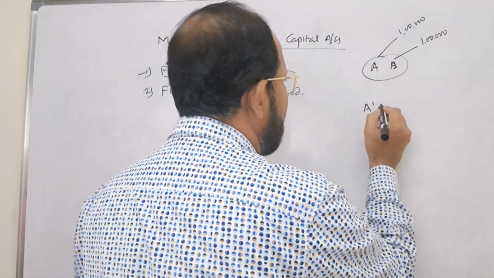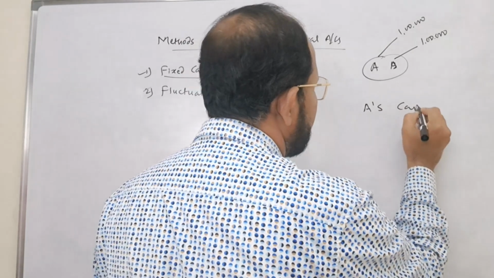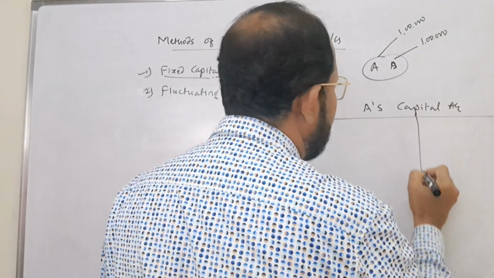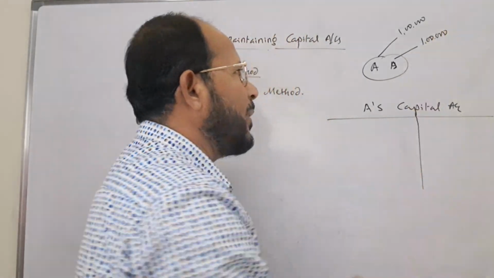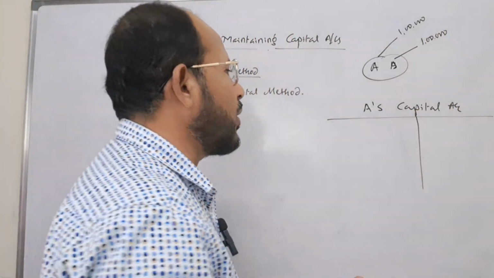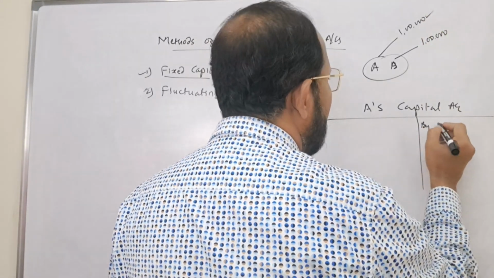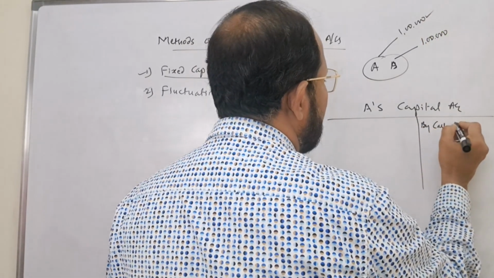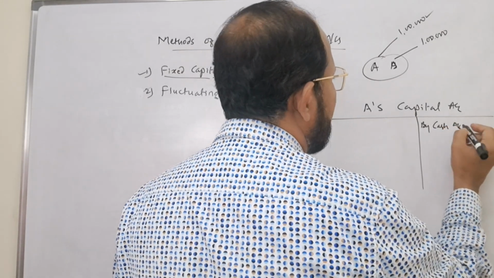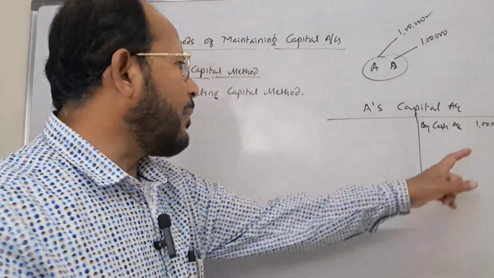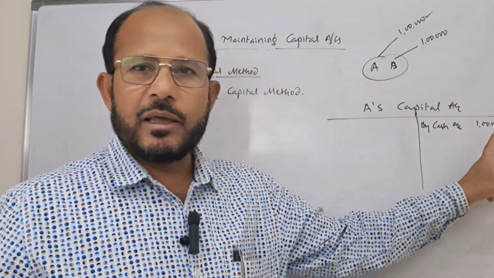You take A's capital account will be opened. A's capital account. This account is credited with the amount of capital invested by that particular partner. How much amount he has invested? Rupees 1 lakh. Okay. Assume he has brought that one in the form of cash. By cash account, rupees 1 lakh. This is the amount of capital invested by A.